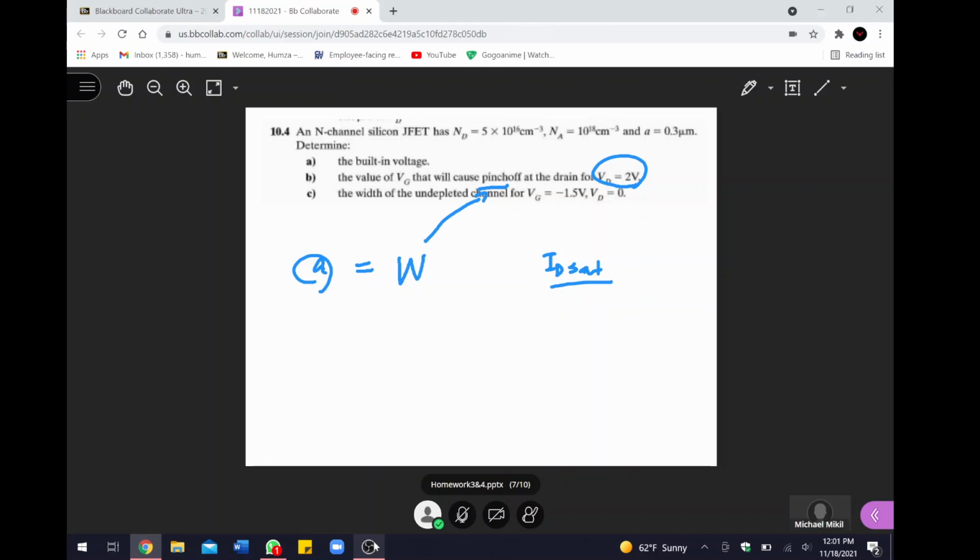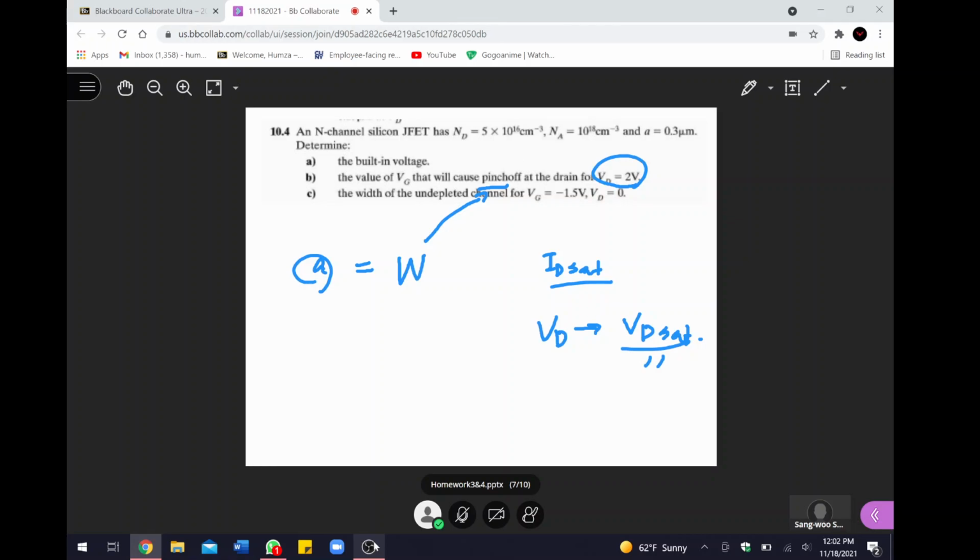Michael? Professor, when VD equals 2 volts, can we say that VD equals VD saturation? You can put VD saturation, yes, it's correct, because at that moment you have saturation.